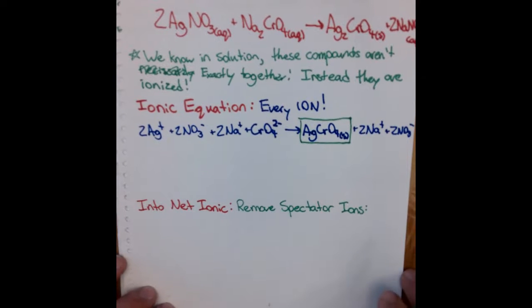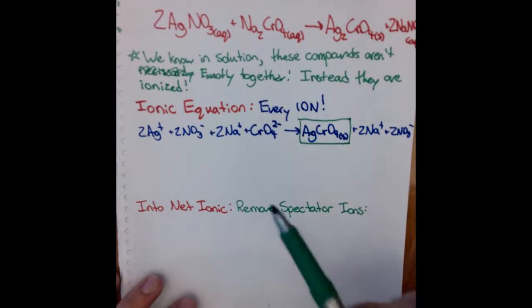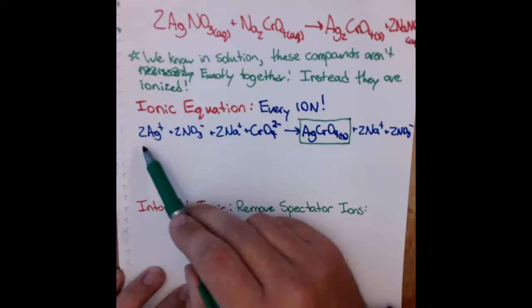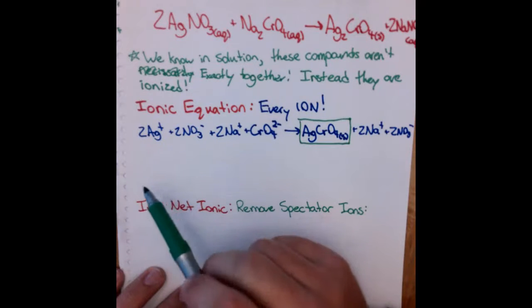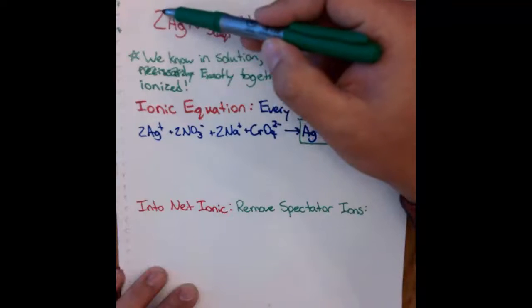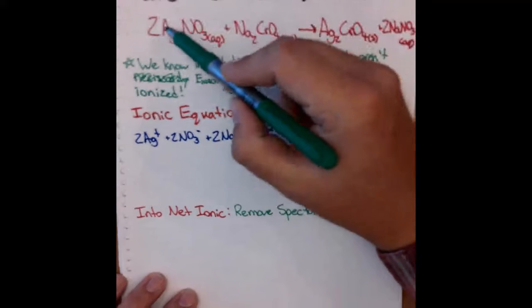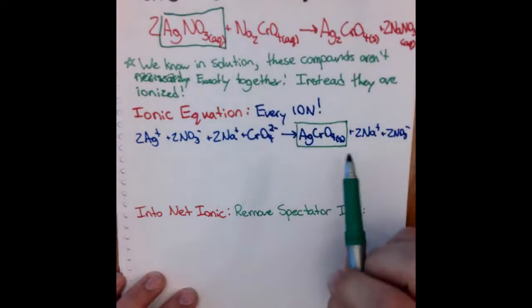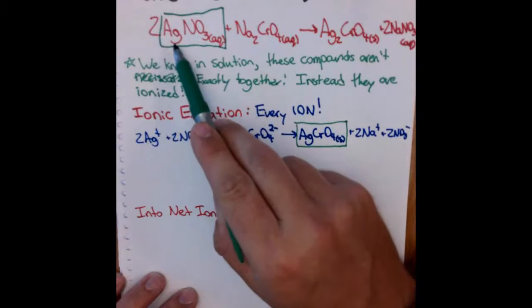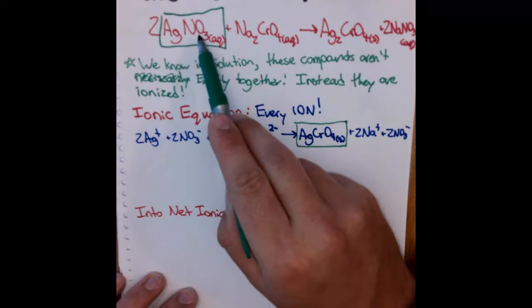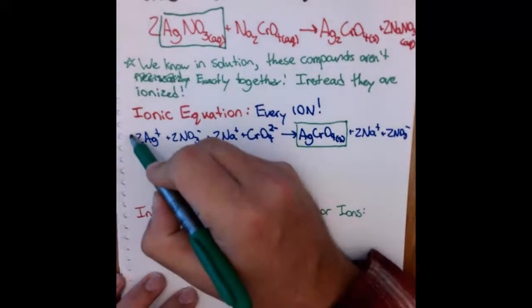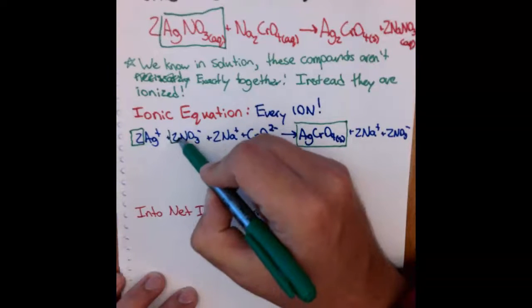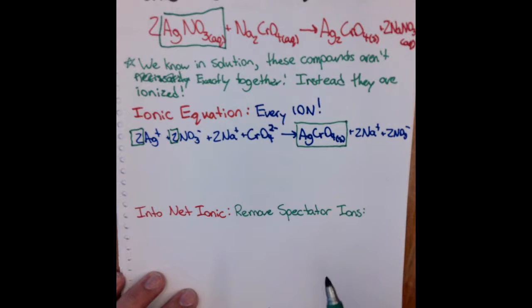When we look at this, we can start to see where we're getting these numbers from. Up here are 2 Ag plus. Well, if we look at this reaction here, we have 2 of our entire AgNO3. So this 2 is going to multiply over our Ag and our NO3, so we're going to see that 2 down here with our Ag and with our NO3.